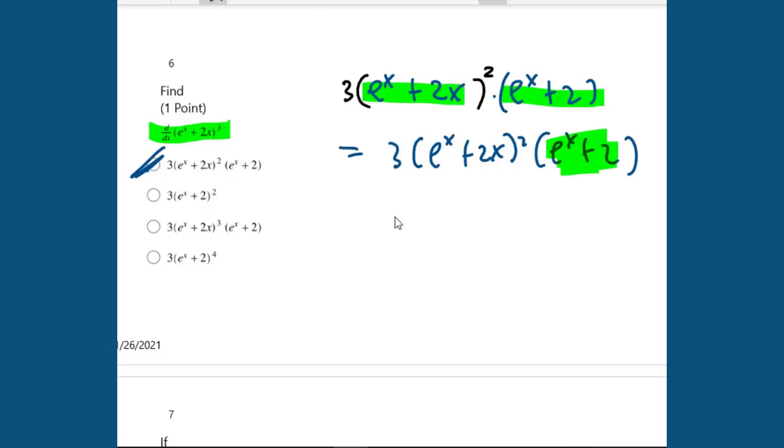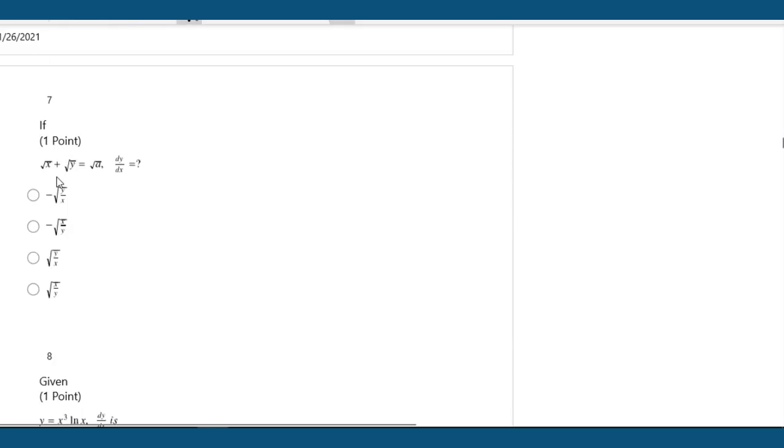Okay, number 7. This is implicit. Find dy/dx. Here we have square root of x plus square root of y equals square root of a. Square root of a is a constant. So differentiate this one implicitly.